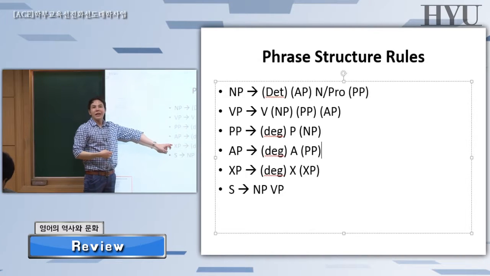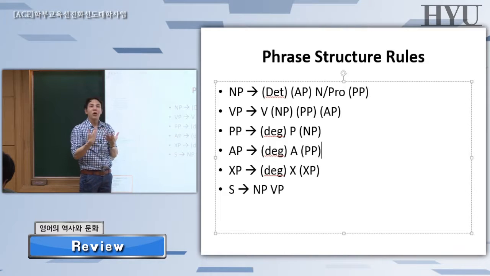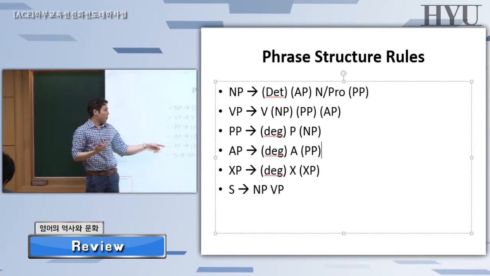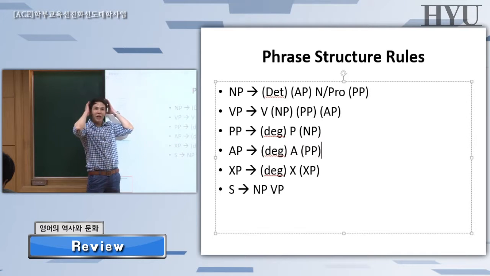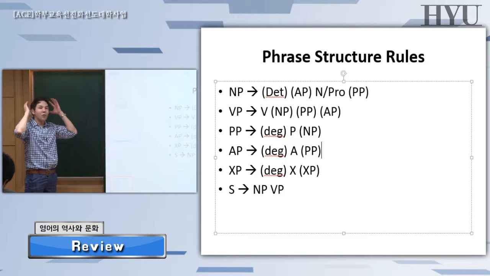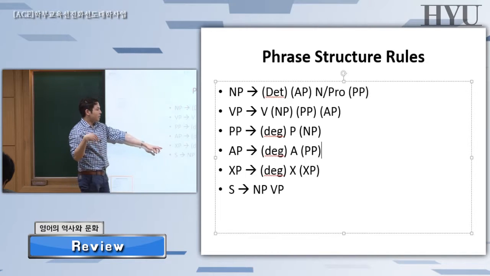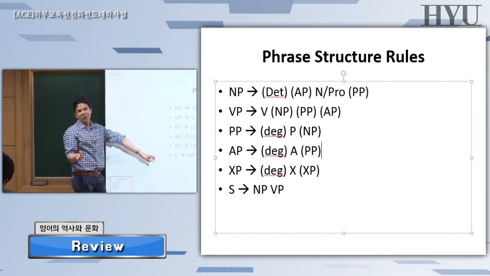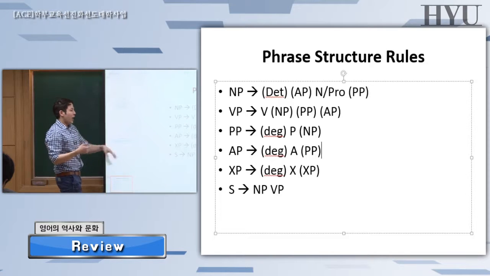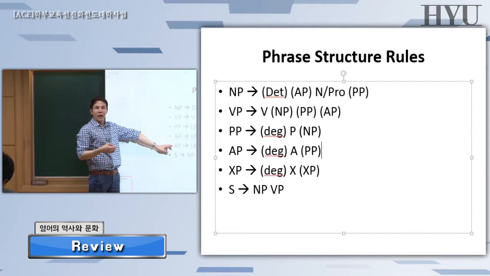And this is what, in fact, Noam Chomsky claims that we are born with. He claims that we are born with this XP rule within our head, meaning that this is our knowledge of language that everyone is born with. Doesn't matter if you're Korean, doesn't matter if you are English speakers, you have this rule in your head.